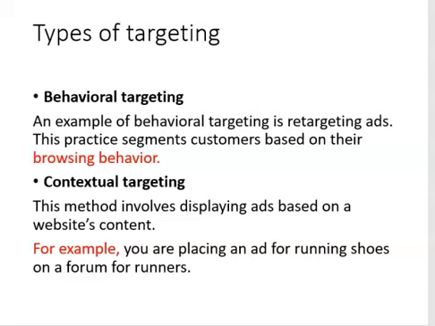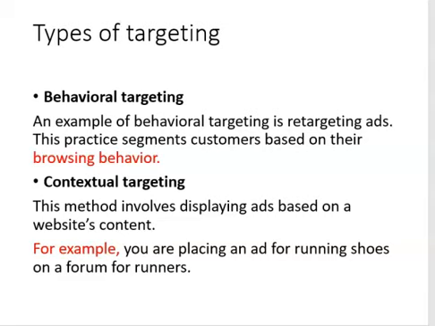Many people tend to confuse contextual targeting with behavioral targeting. While contextual and behavioral targeting are both forms of targeted advertising, there are some key differences between these two methods. Contextual targeting mainly focuses on the setting where users are browsing, while behavioral targeting is geared towards the users themselves.